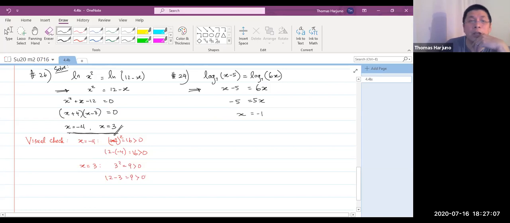Now we do the visual check. You don't need to show this red one here. You can, but you don't need to. It's not like when you square both sides, where you need to formally show the checking. You just need to make sure that when you plug x equals negative 1 into both arguments, it doesn't make them negative. If it makes them negative, then you have to cancel that solution. So you cancel it and say therefore, in this case, no solution.